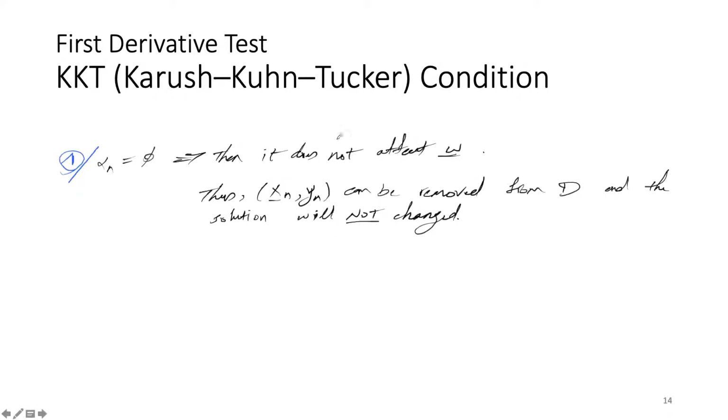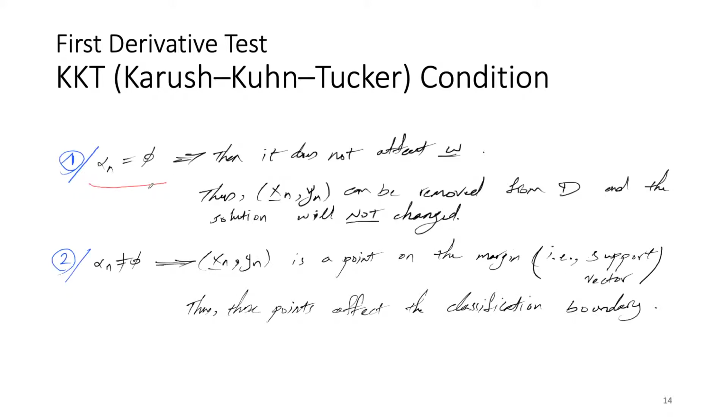Then it's obvious that it does not affect w. And when it does not affect w, we can understand that the xn, that point that we picked, can be removed from the dataset D, because it was not a support vector, and the solution will not change. So that was the first case.